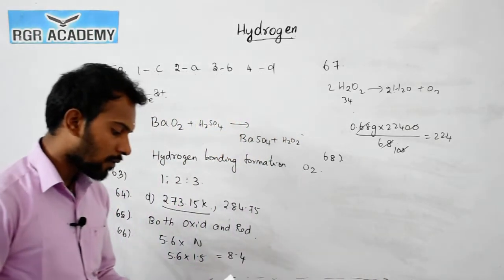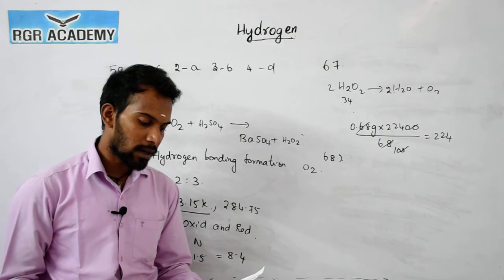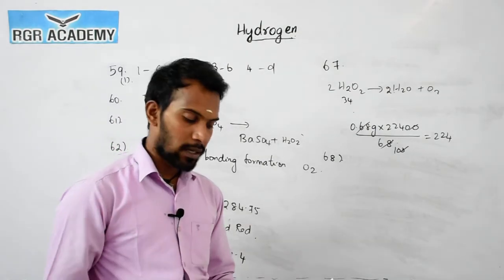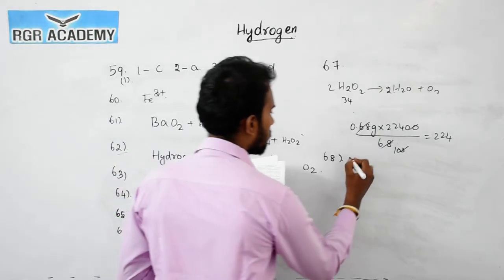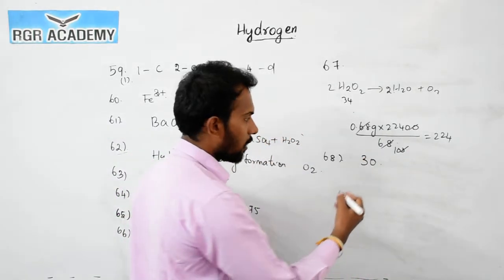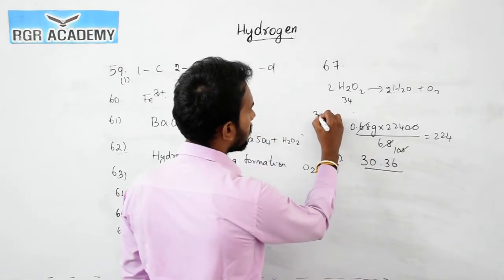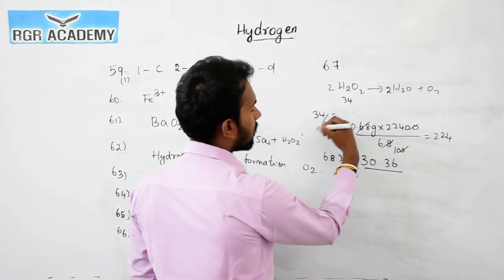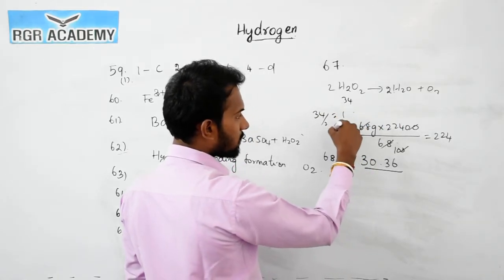The strength of H2O2 is 30.36 gram per liter. So how much volume is there? Strength means normality times equivalent weight, so normality is 30.36 divided by the equivalent weight. Here it is 34 by 2, where the basicity factor, the number of H plus or OH minus ions, is 2.